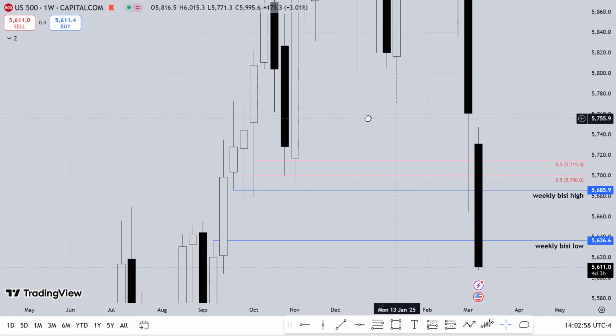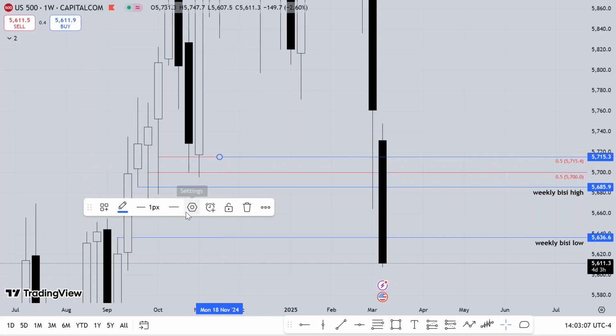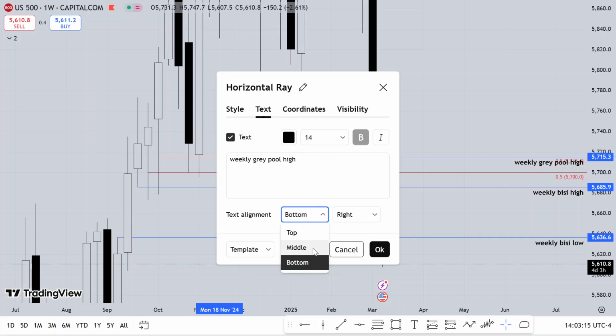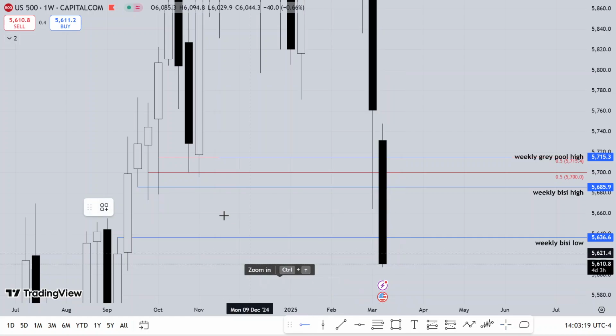So the high of it is a gray pool. You indicate that as the weekly gray pool high, and the low of it is the weekly gray pool's low.